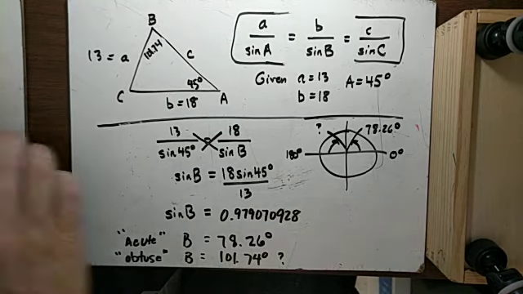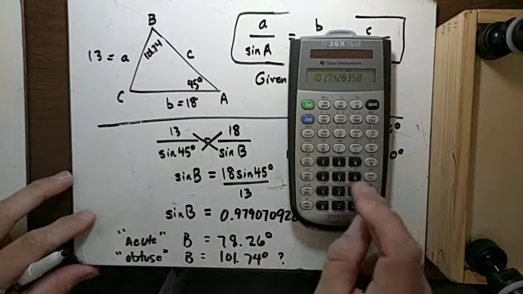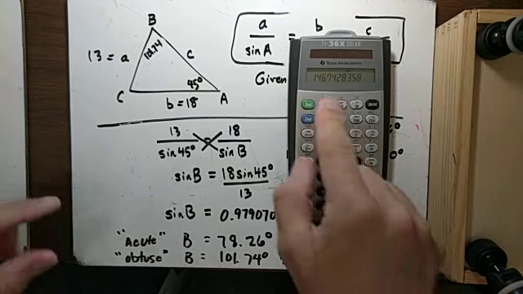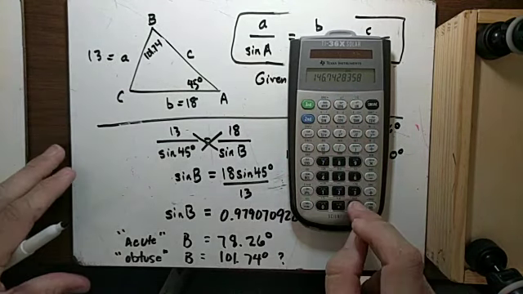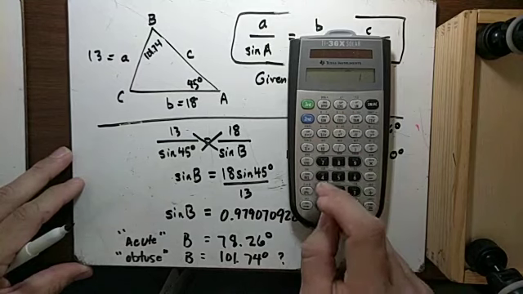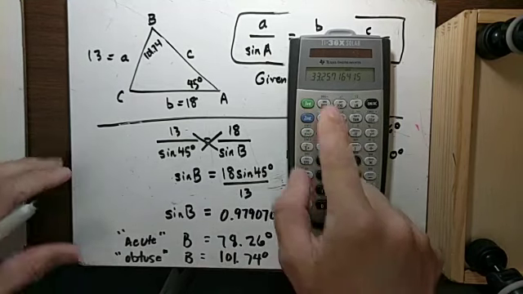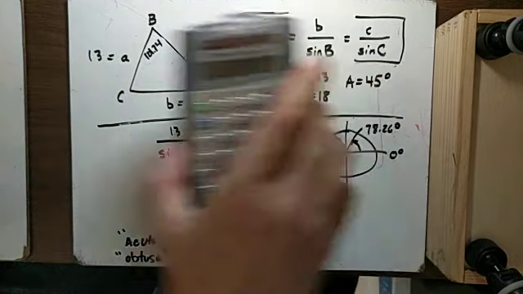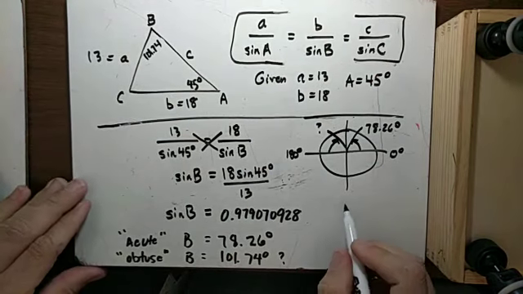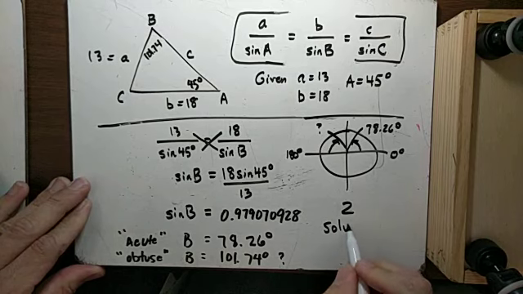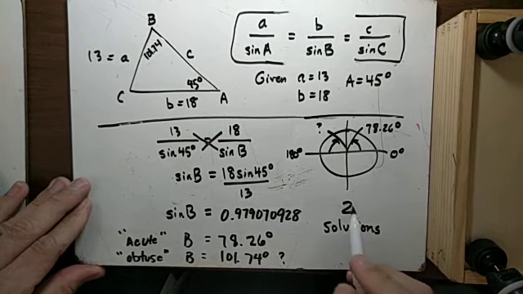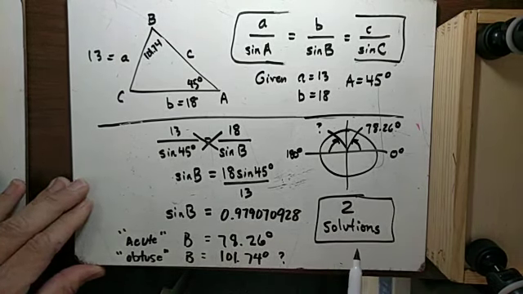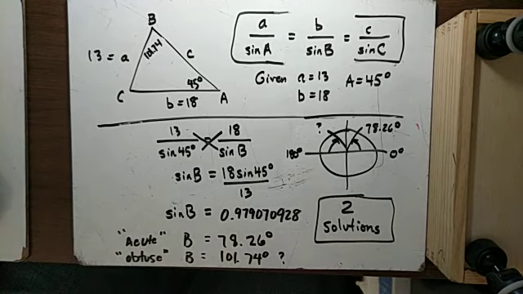So if I add 45 degrees to this, that's the sum total of these two. And then if I do the opposite and subtract from 180, the third angle in this case would be 33.26 degrees. So this one has two solutions. I didn't work out the entire solutions, but I hopefully justified for you why there are two solutions.